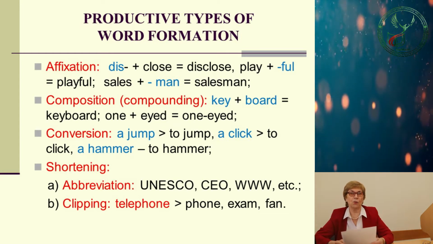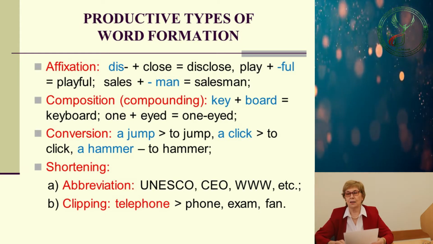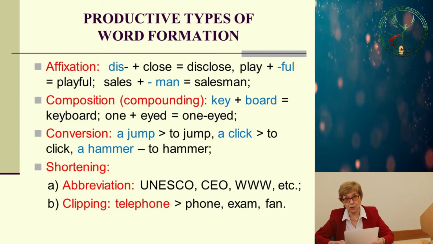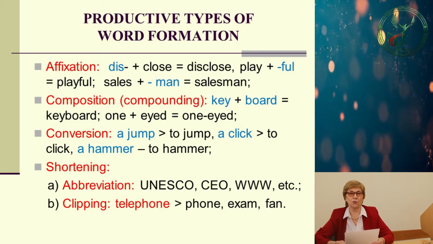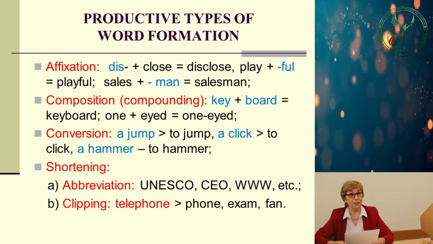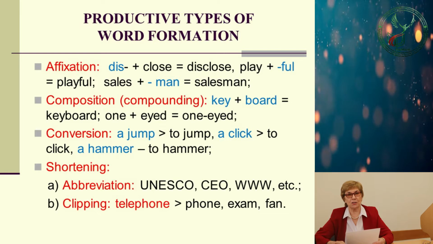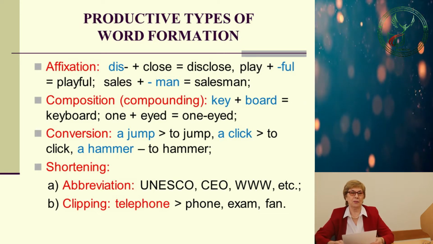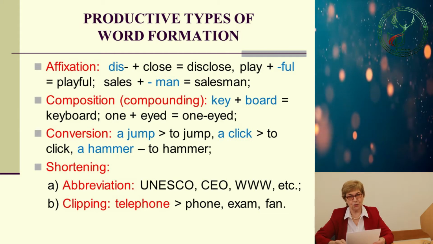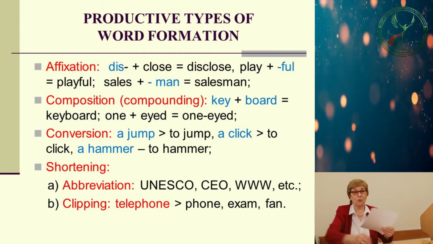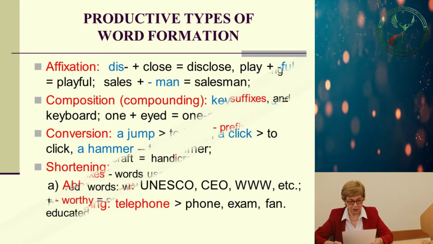Shortening became very important in Russian also, and in Uzbek lately, right? Modern Uzbek has lots of shortened words, but shortening, of course, started first of all in the English language, because some expressions, some phrases became too long for pronunciation, and shortening was used, and clipping was introduced into the word formation system by the English language.